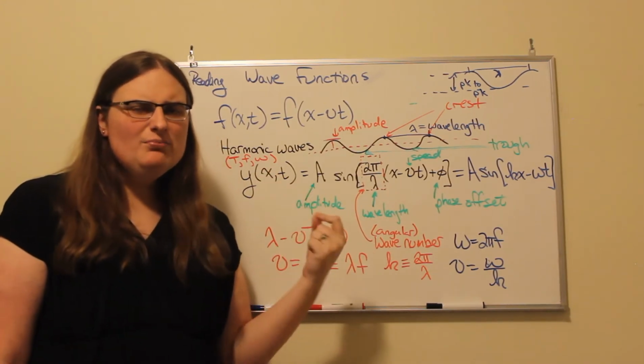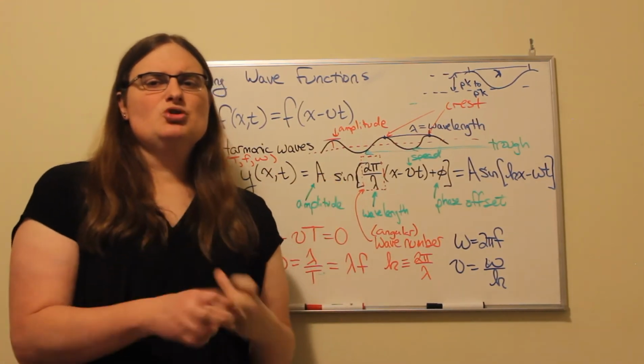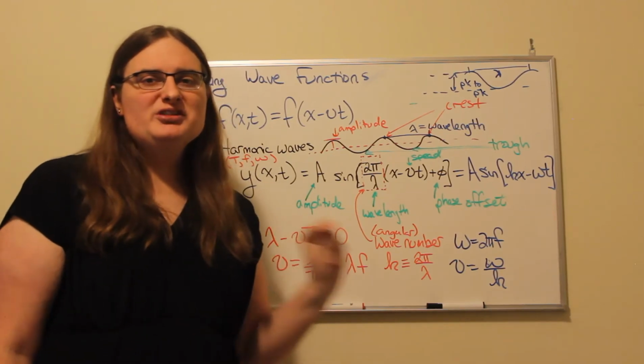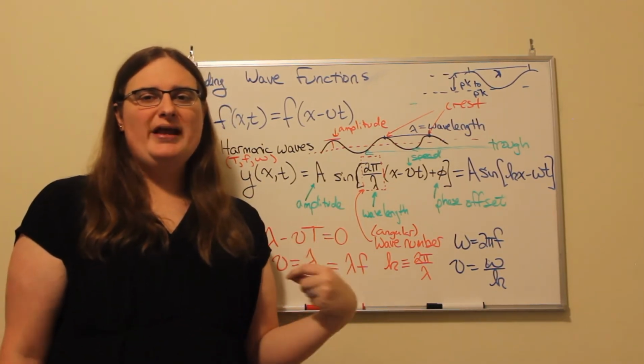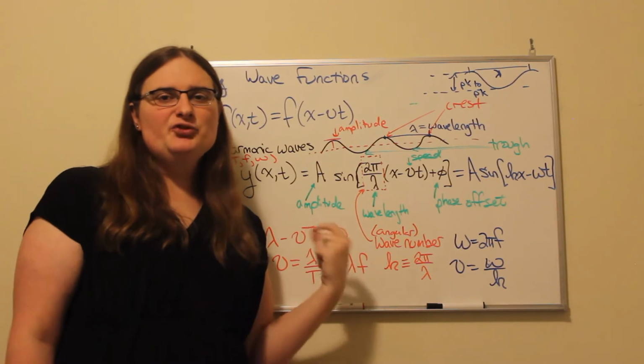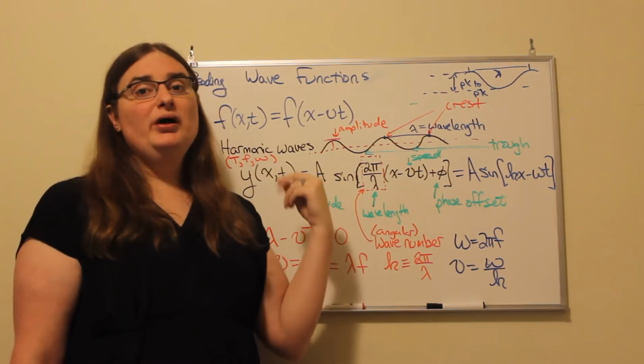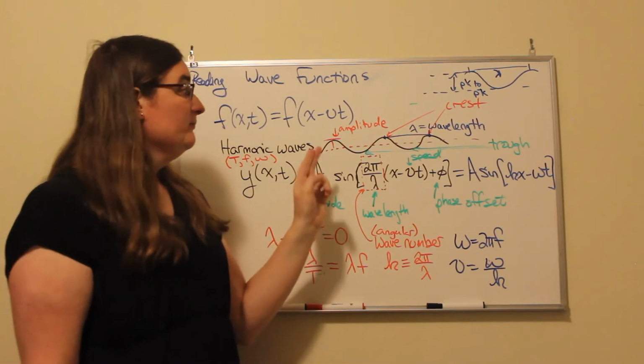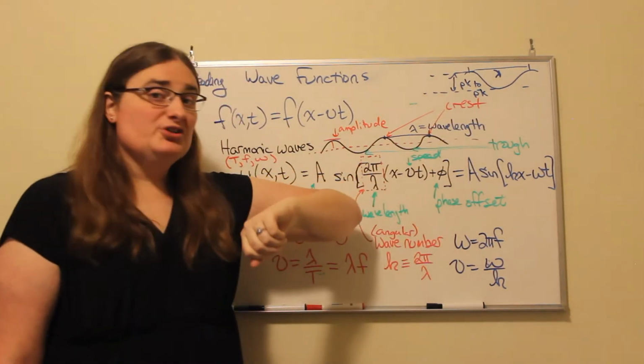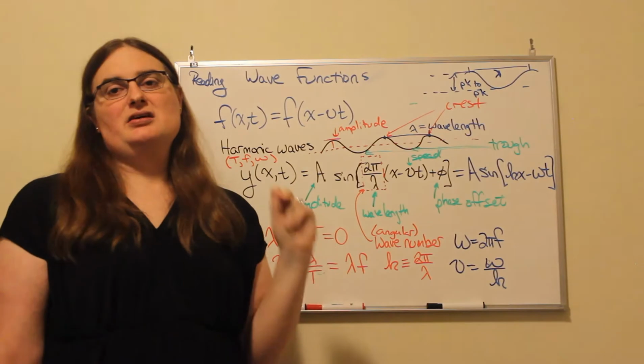Now there's one more terminology piece that folks sometimes use when describing waves, and it's easy to confuse what they're saying with the wavelength. That description is what's called a peak-to-peak measurement.